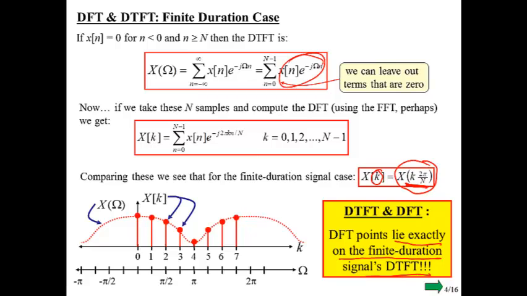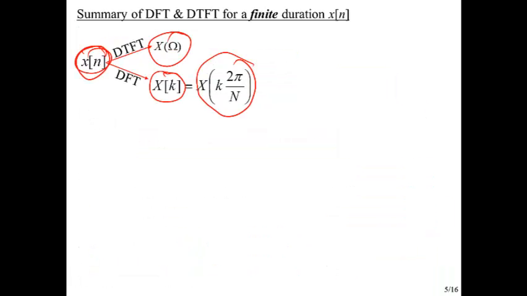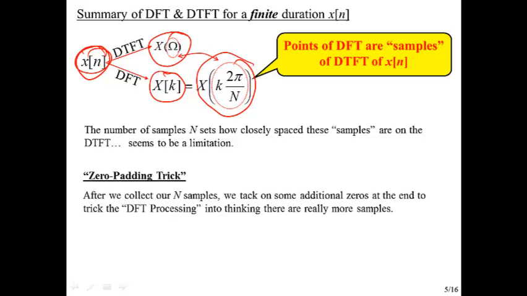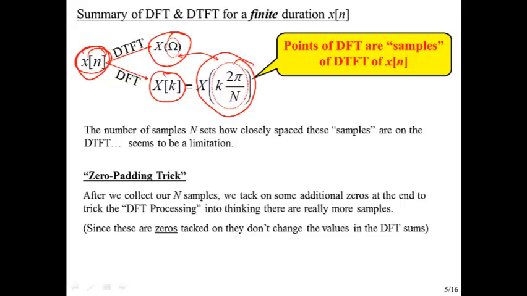We're just tacking on some zero terms. It's as if we're grabbing the values of x of n that are 0. So for the finite duration case, zero padding is like we're just grabbing some extra samples that really are 0. So it doesn't really change our result that we end up getting samples on the DTFT. It just makes them more closely spaced.